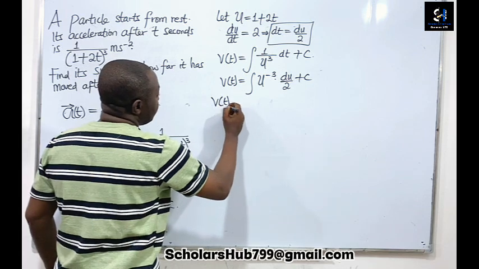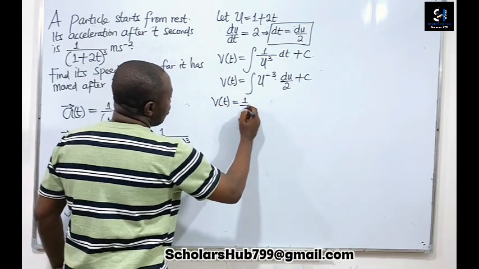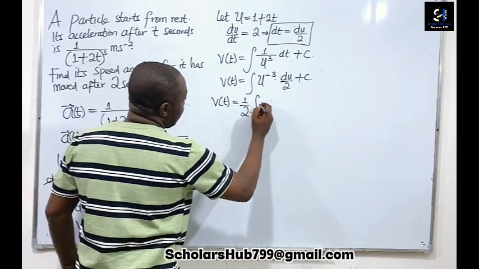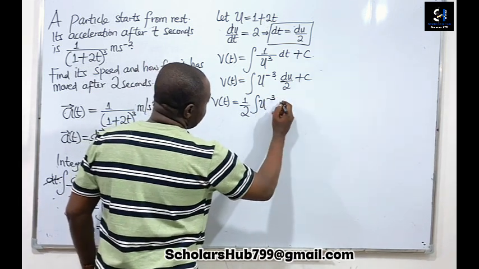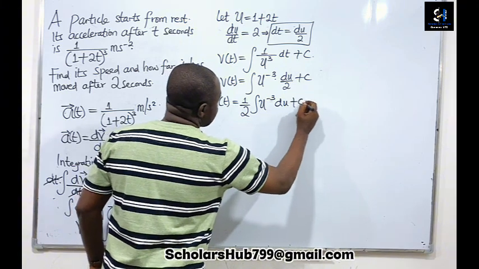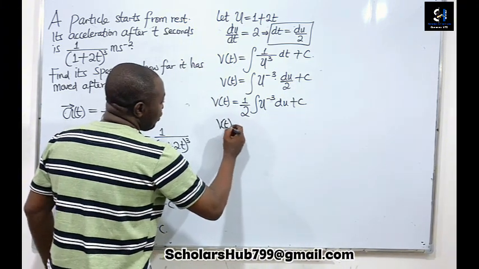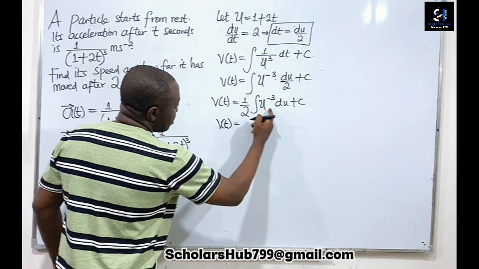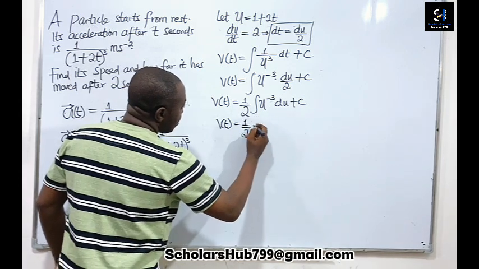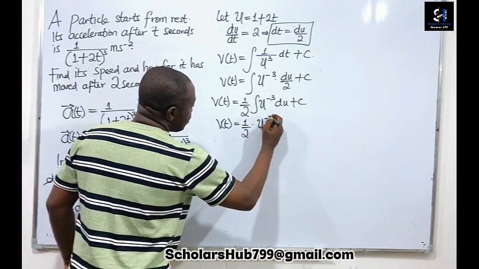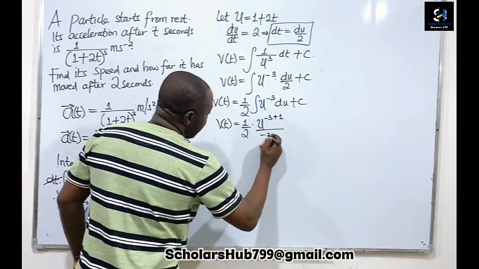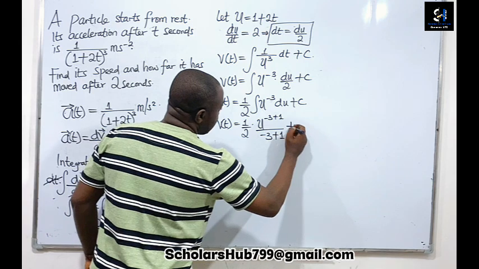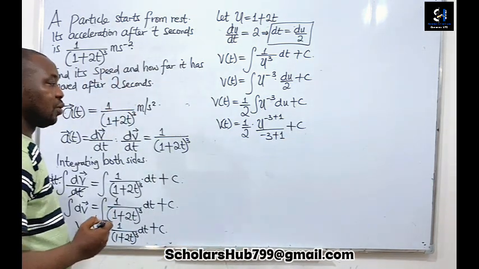So v(t) equals 1/2 of the integral of u^(-3) du plus c. If we integrate this, it will be 1/2 of u^(-3+1) divided by (-3+1), plus the arbitrary constant of integration.